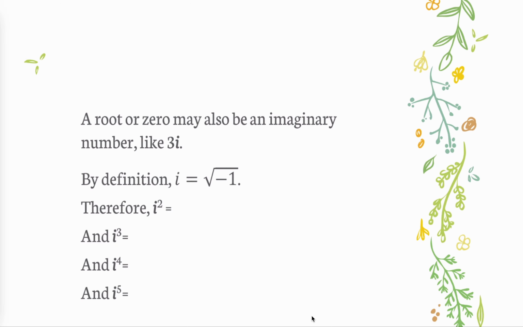A root or 0 may also be an imaginary number, like 3i. By definition, i equals the square root of negative 1.